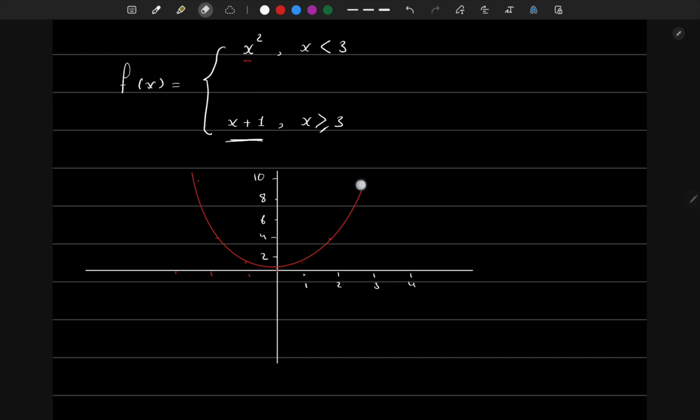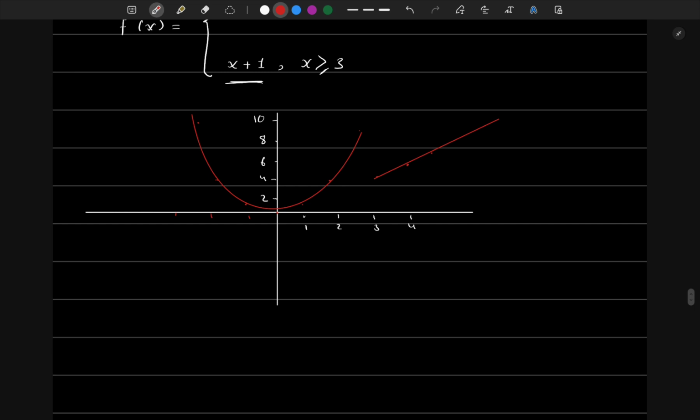Until 2.9, it's okay. But at 3, I have to use now x plus 1. So when x equals 3, x plus 1 is 4. When x equals 4, x plus 1 is 5. And when x equals 5, it's 6, and so on. So the function is going to be like this. This is the whole function with the two conditions for the function.